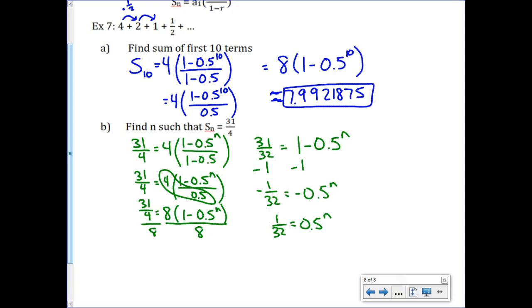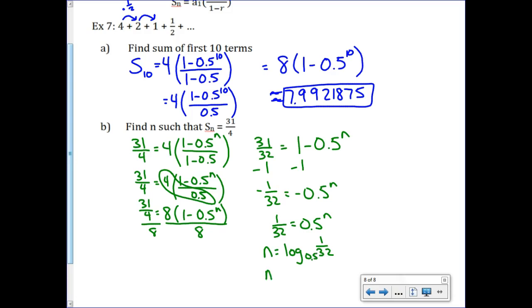So then we still have that n up there that's unknown. That means we got to use some logs here. So logs are coming back to us again. So flip this around into our log notation. n equals log of 1 over 32 base 0.5.